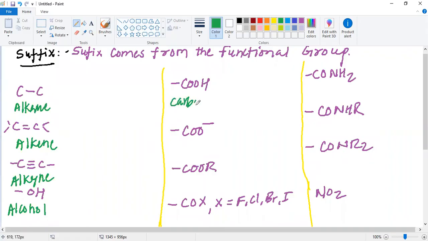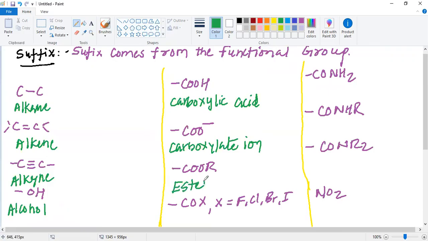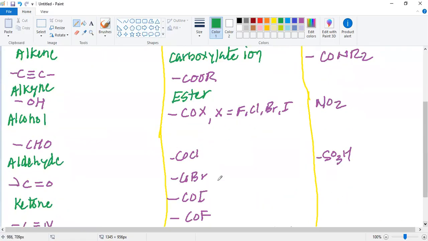We may have carboxylic acid, or we may have carboxylate ion. This is carboxylate ion. We may have ester. We may have, my dear students, acyl halides.